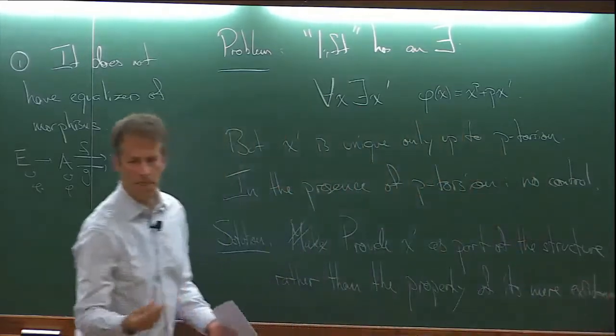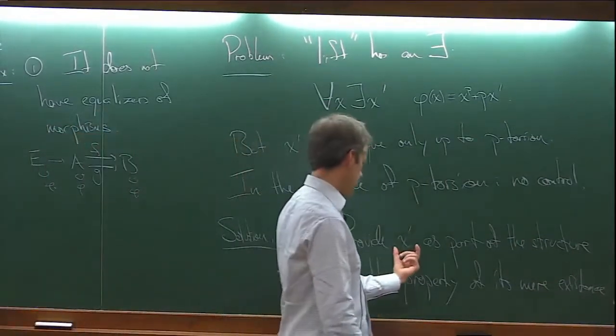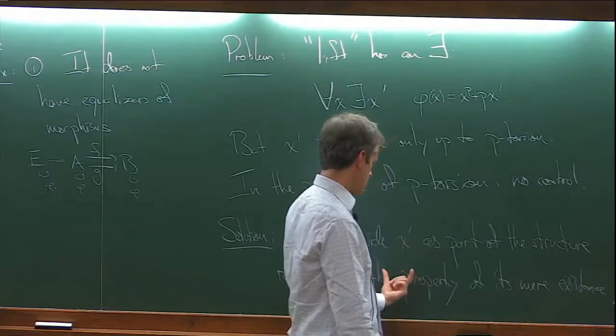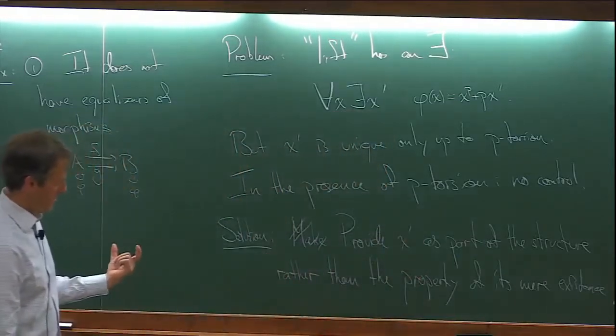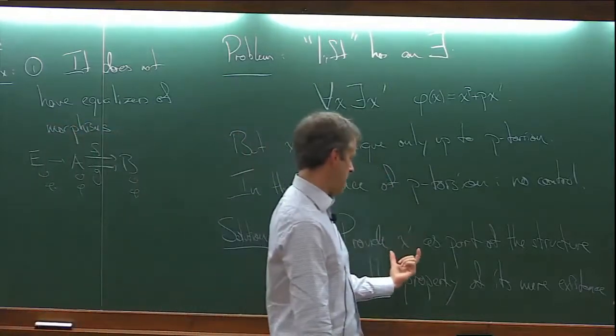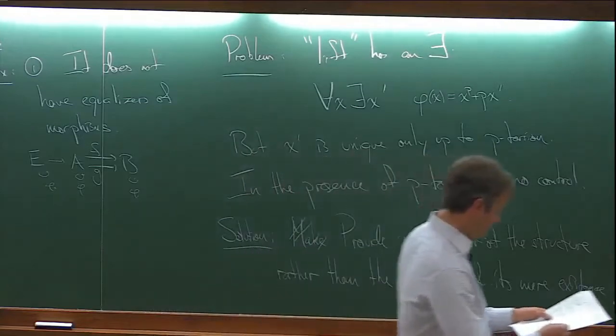Of course, this is a common thing in mathematics and higher category theory. If something exists but is not unique, you really want to give that object as part of the structure rather than just require that some such object exists. Okay, and this will solve all our problems.